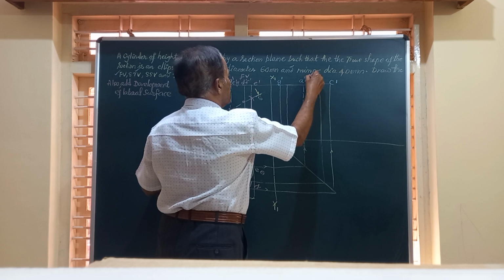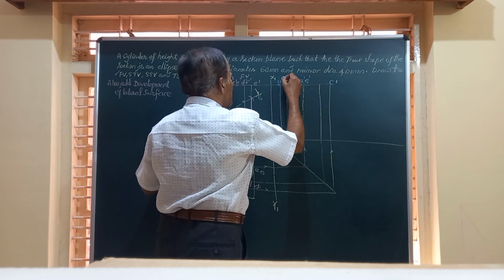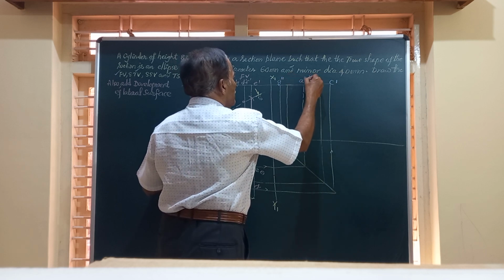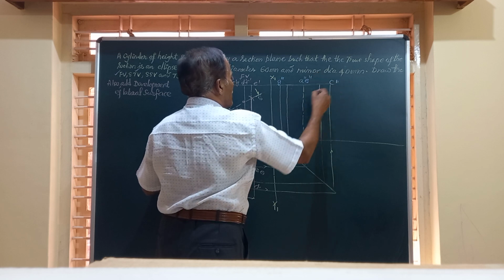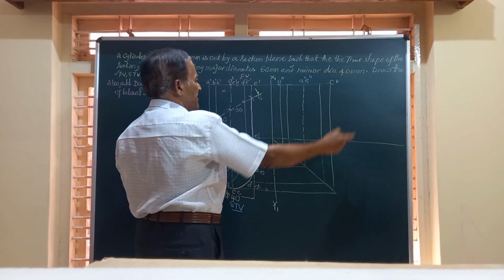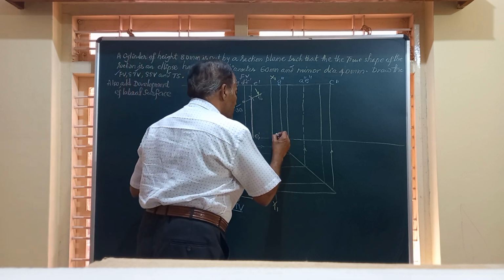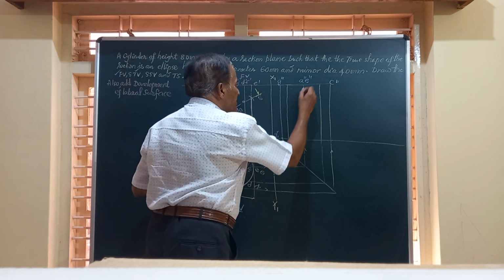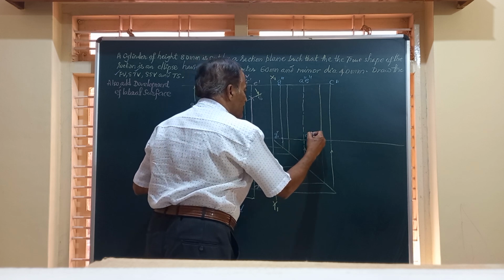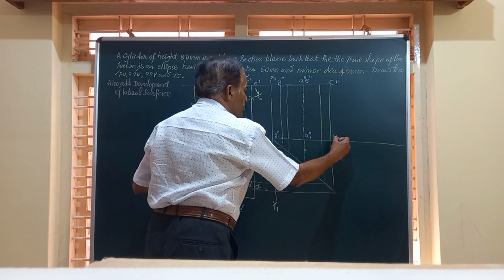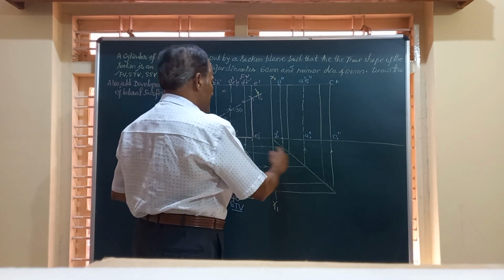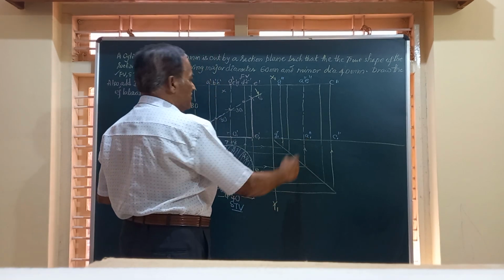Again 1 1. So since it is side view, we have to make it double dash, G double dash, A double dash, etc. And similarly for the bottom face, you have G1 double dash, this is A1 double dash, this is C1 double dash.